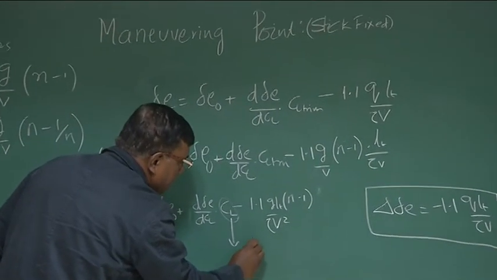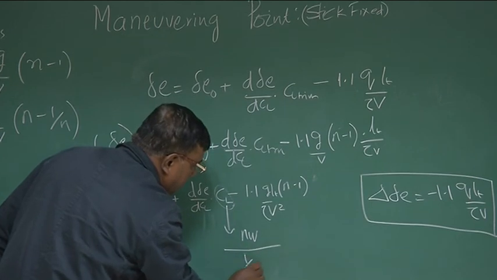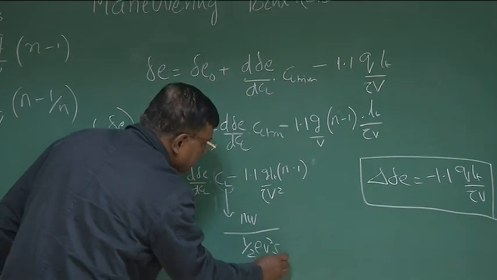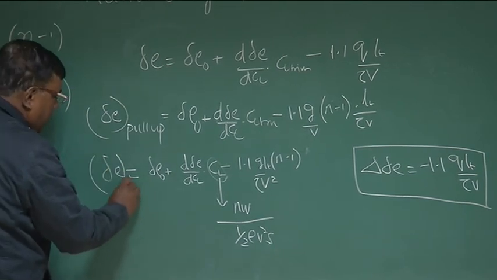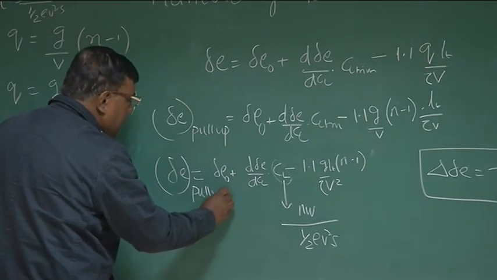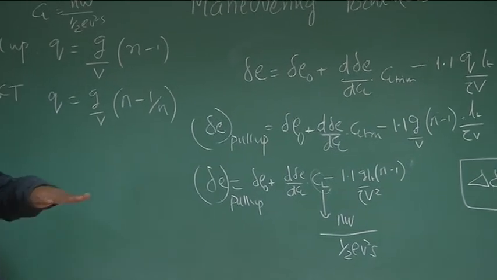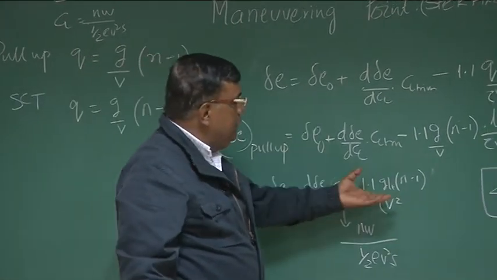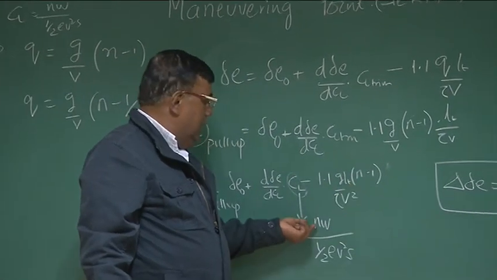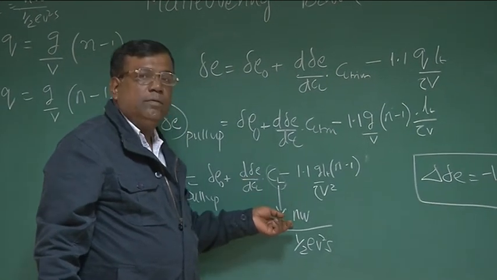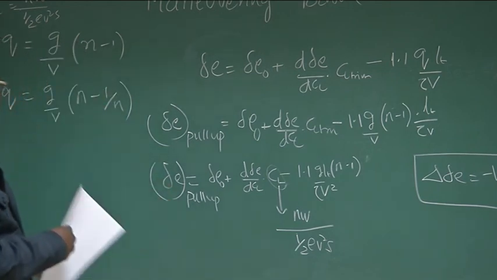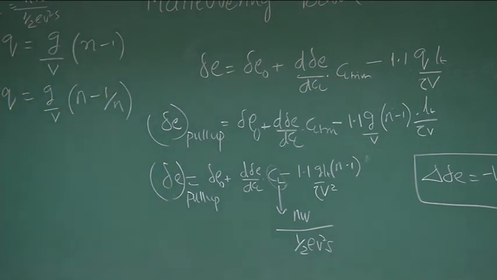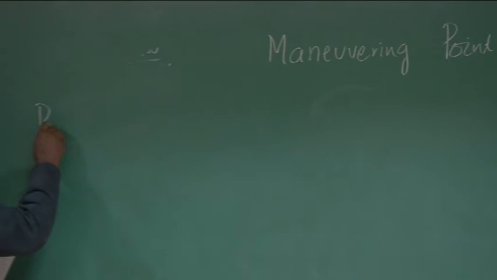You could see from here, this is delta E pull-up. If I am going for a cruise, that will be n equal to 1, so this term vanishes. So this is the typical CL for n equal to 1, the level flight. Okay, so this is the expression which we have done in the last class. So let me continue with pull-up.